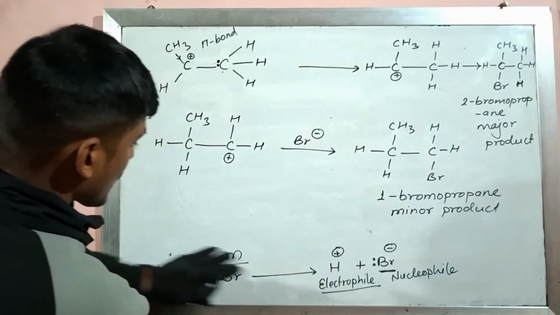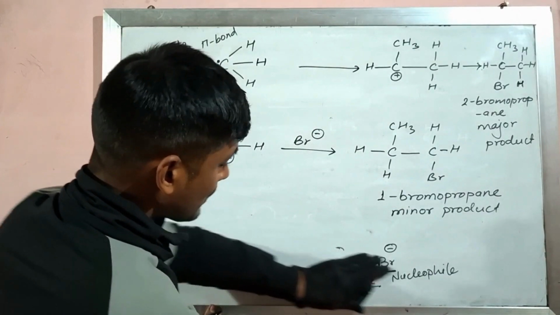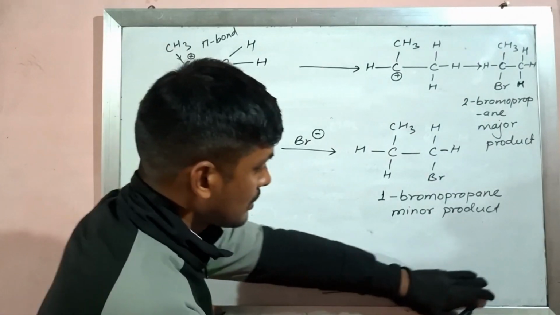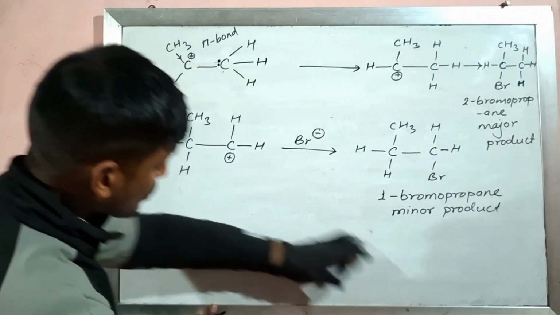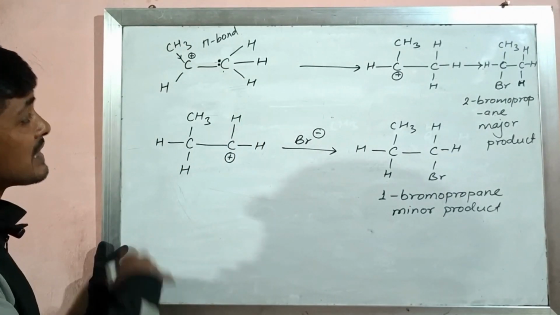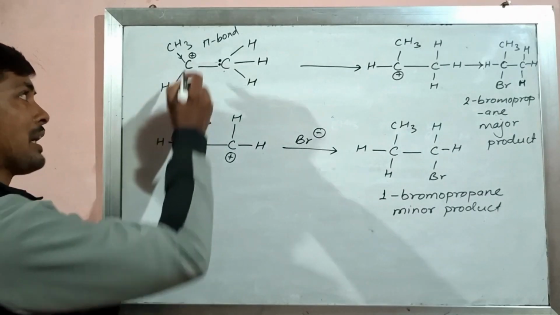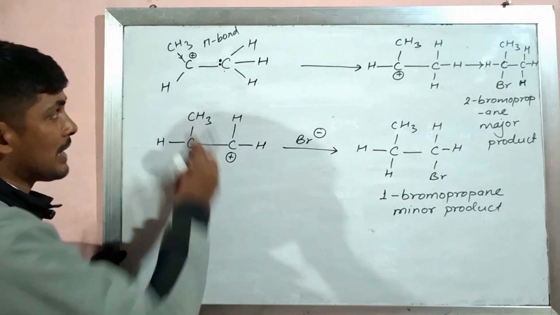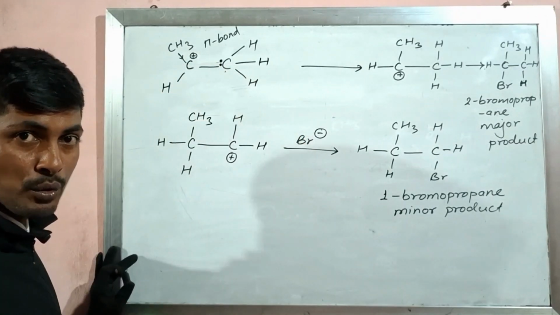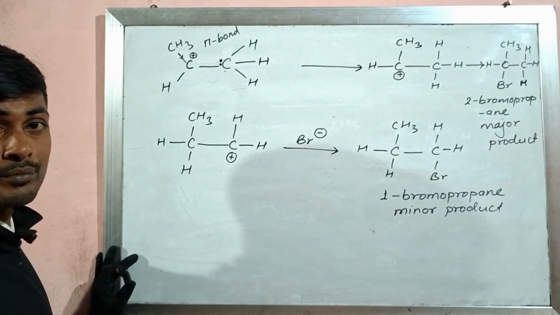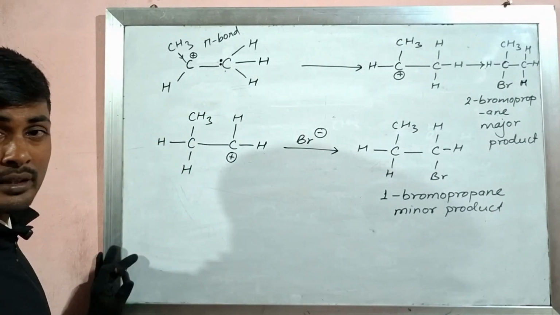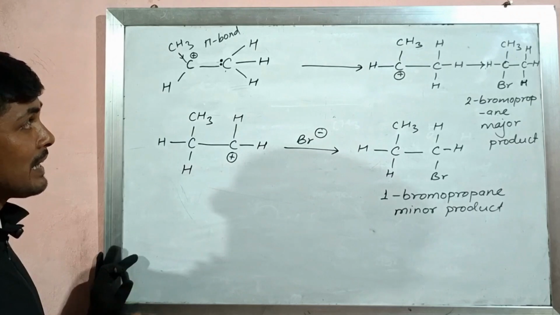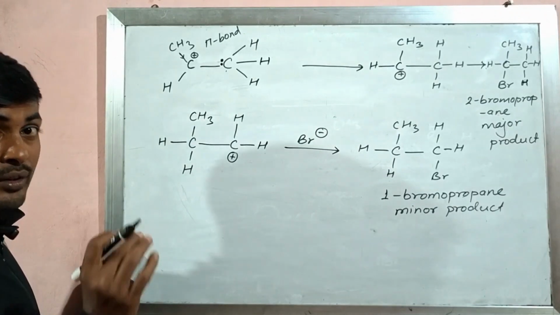Here, one thing I would like to make clear is that the electromeric effect also says that while breaking the pi bond, the electrons will move towards the carbon which is not connected to any electron releasing group.